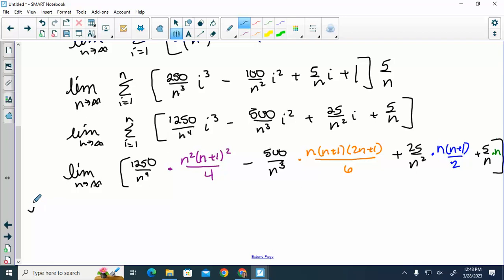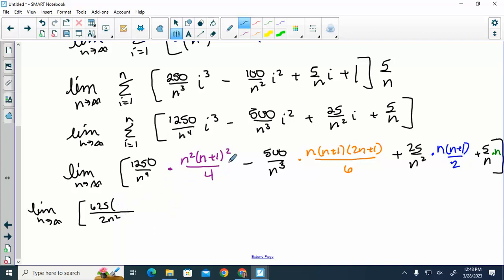So we are cleaning all of this up. All right, 1,250 divided by 4. We'll go to 625 over 2, right? Okay, I can cancel out an n squared pretty easily.